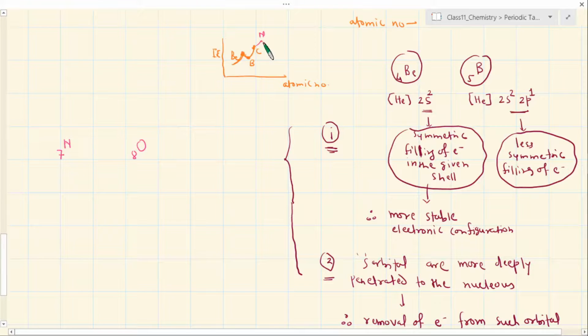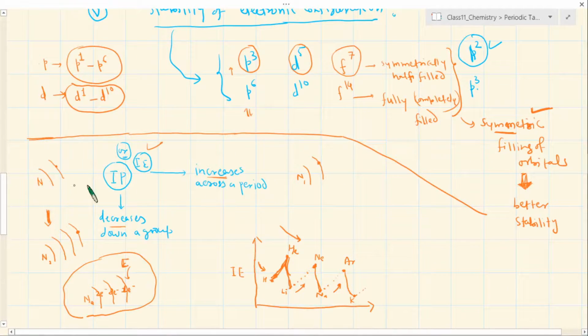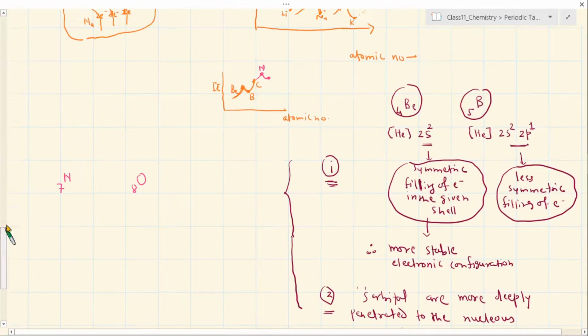So this should increase, but then again for oxygen it decreases. According to the general trend, it should always increase across a period, but we are seeing these exceptions. We should not call them exceptions because now we know how to explain them.